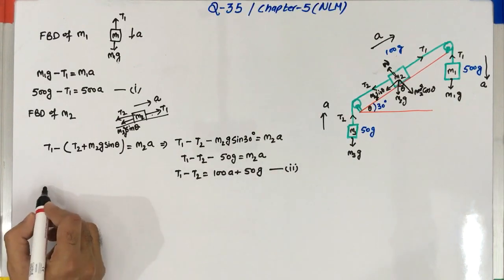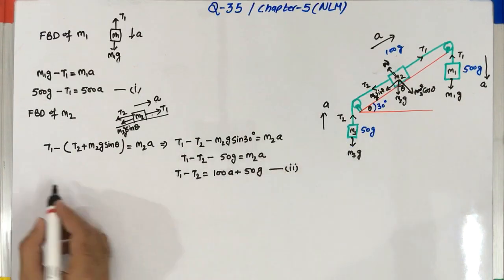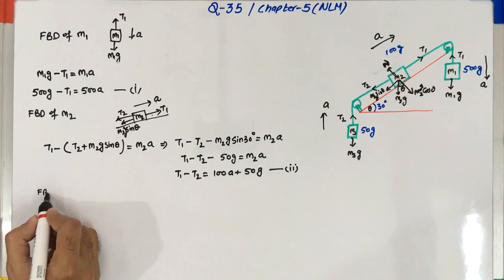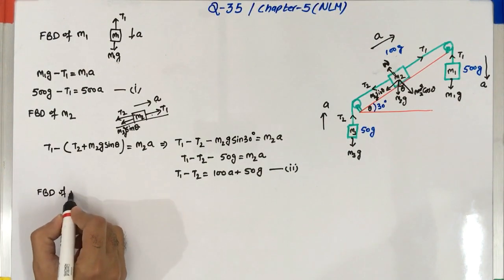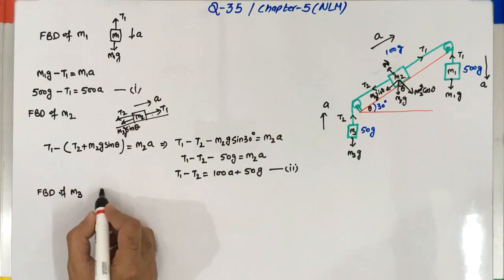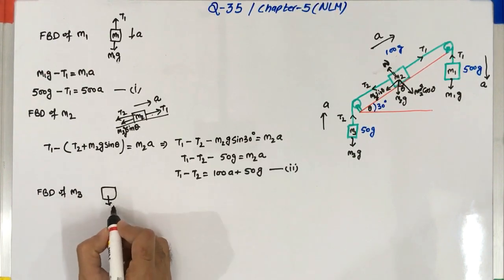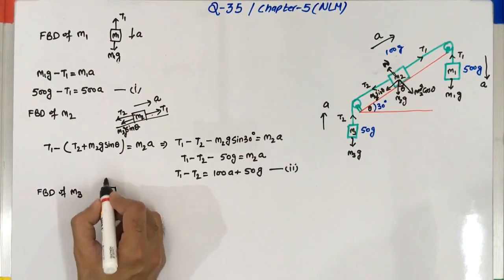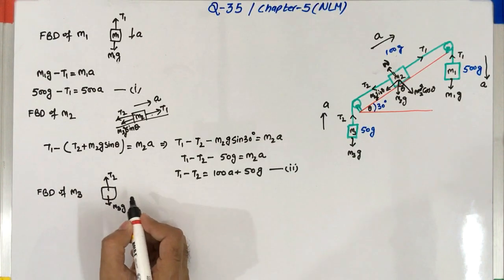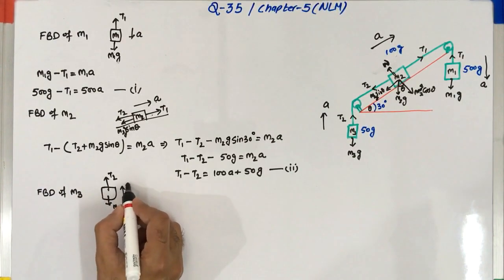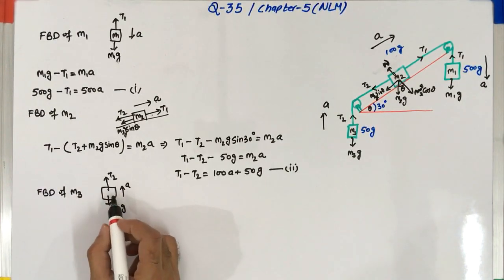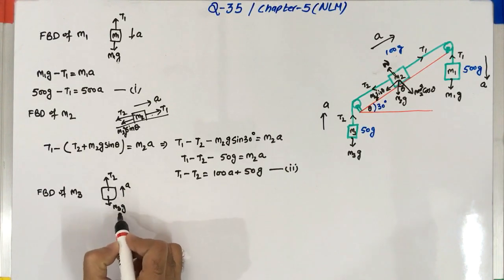Now I'll draw the FBD of M3. The M3G force is downward, T2 is the upward force, and the acceleration is in the upward direction, so T2 is greater than M3G.